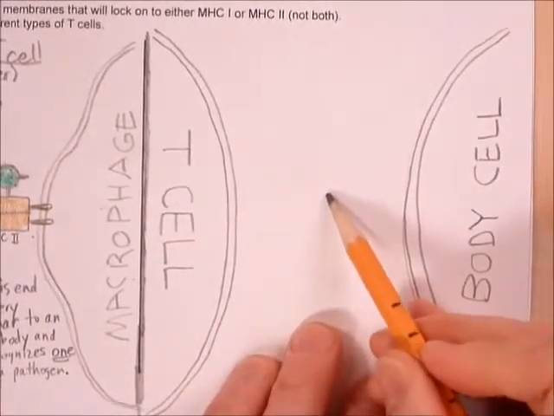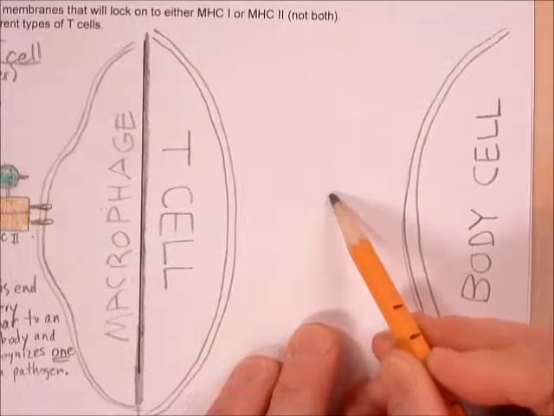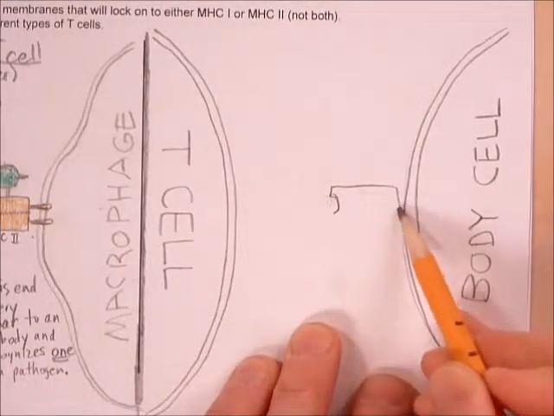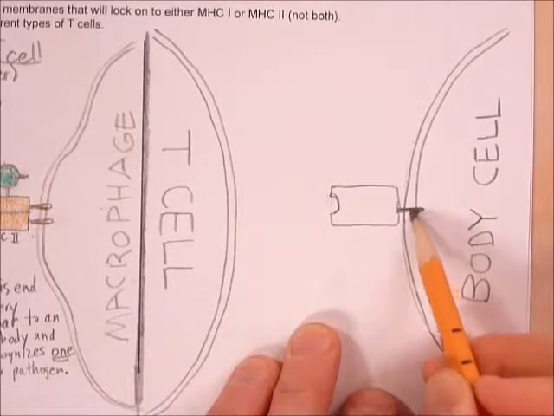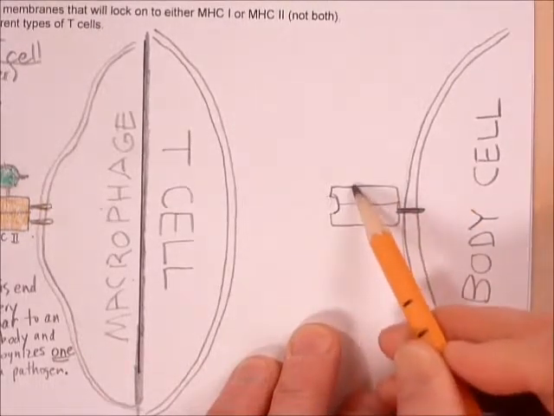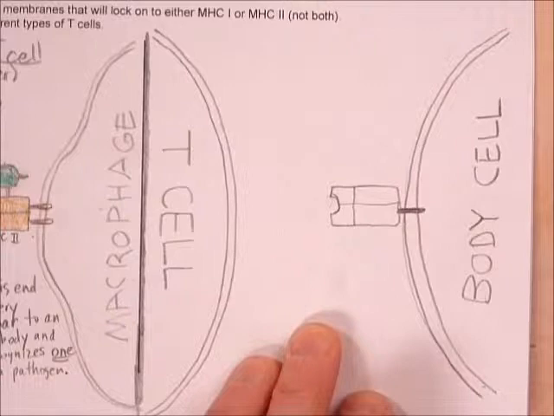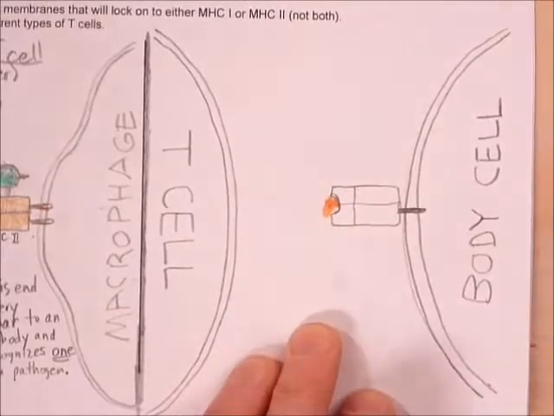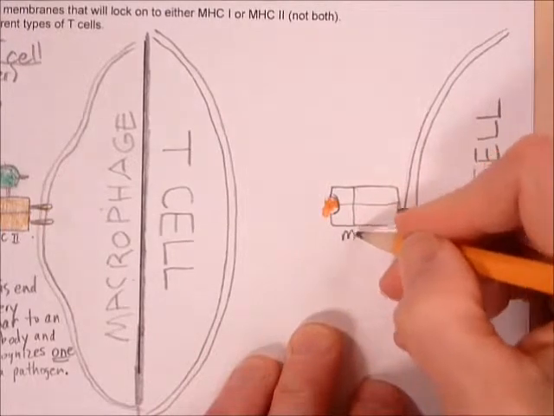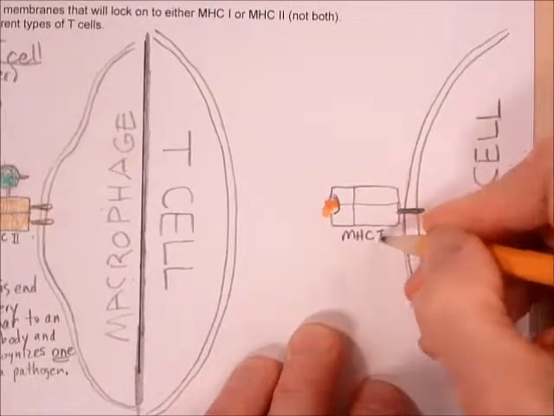I kind of want the antigen about in the middle, so put the clip about like this. And remember, this guy only has one stick. That's how you tell it's number 1. Put our little piece of protein in here. Label it MHC1.